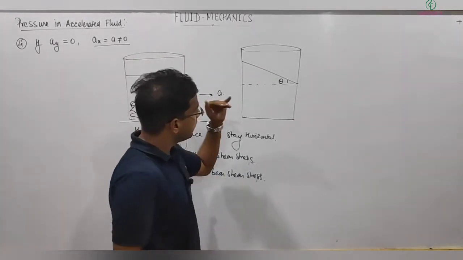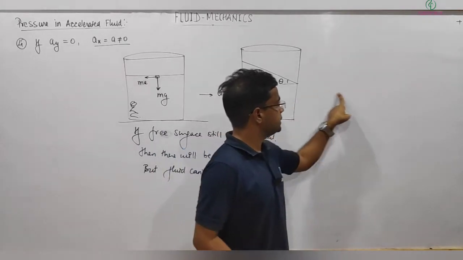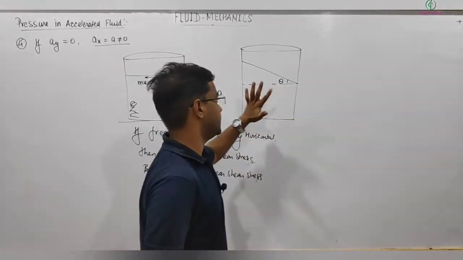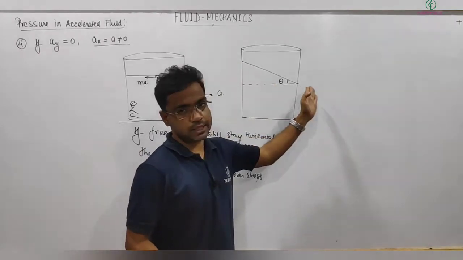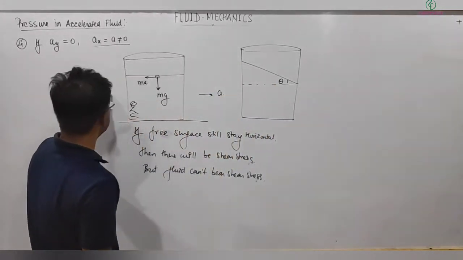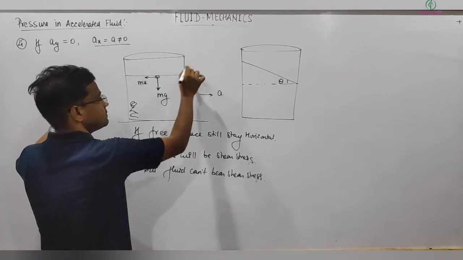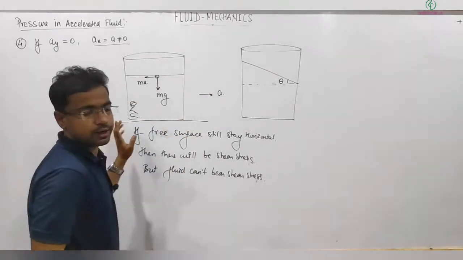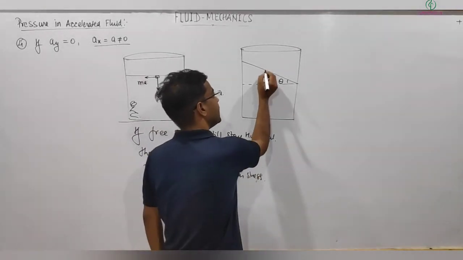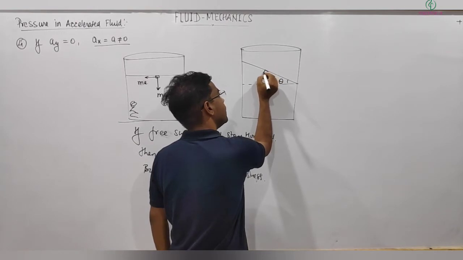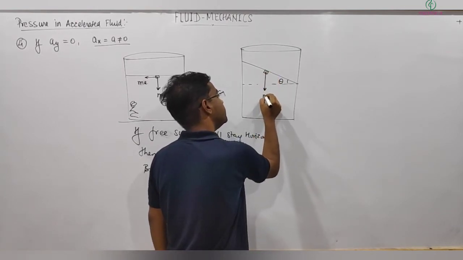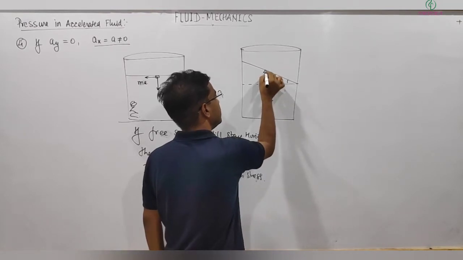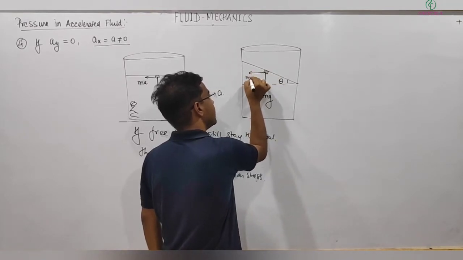If acceleration is in this direction, then the free surface will incline in this manner, such that for this small element, one force is acting, mg, and another pseudo force is ma.